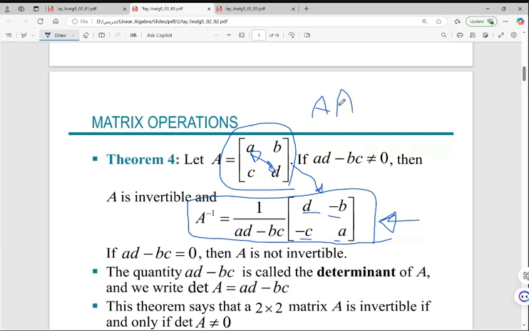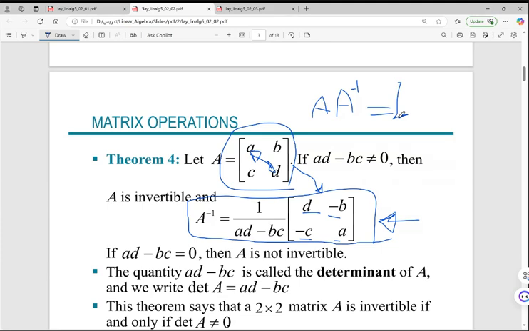We should check that A times A minus 1, multiplying the matrix with the inverse matrix, equals the identity matrix.